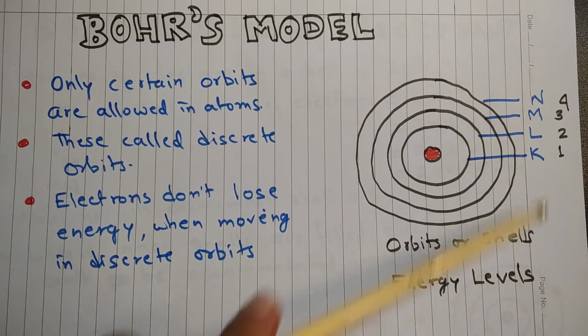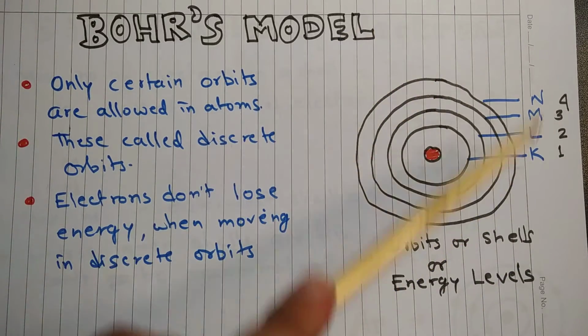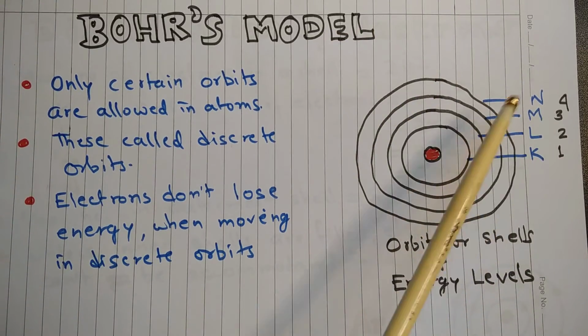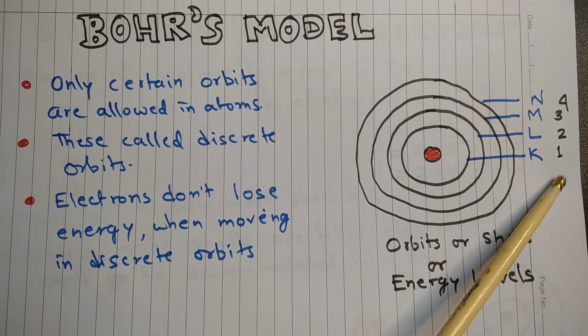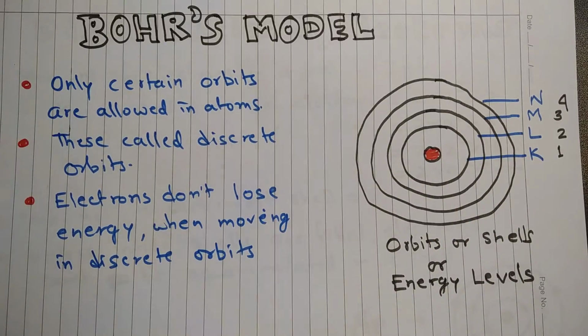So Niels Bohr named these orbits K, L, M, N, and so on, with K being the innermost orbit. We can also name them 1, 2, 3, 4 and so on. These are called orbits or shells or energy levels.